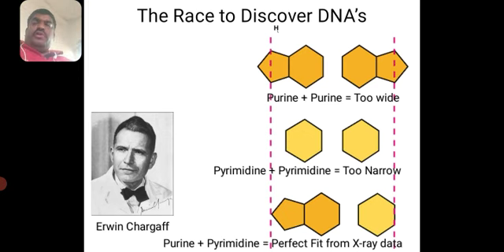The number of purines and the number of pyrimidines in DNA is the same. It was given by the scientist Erwin Chargaff.